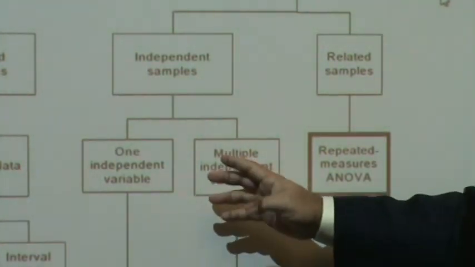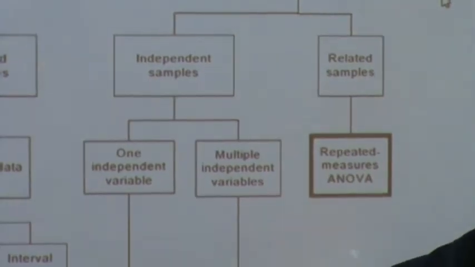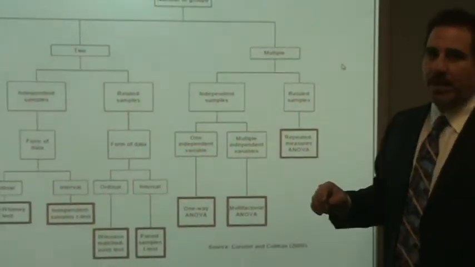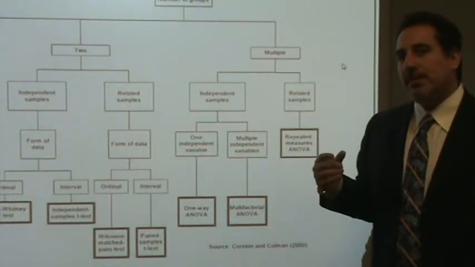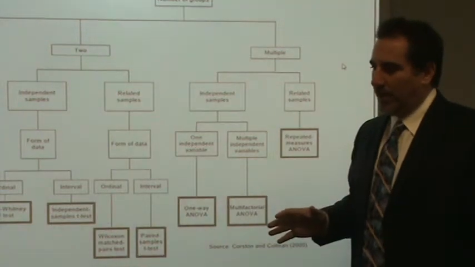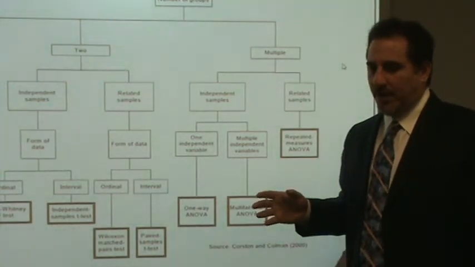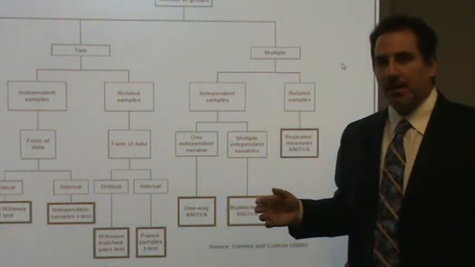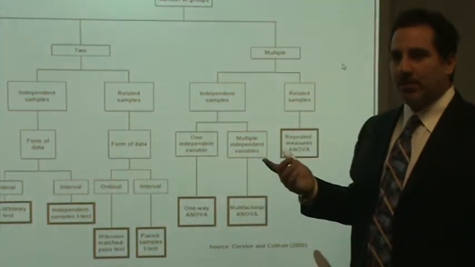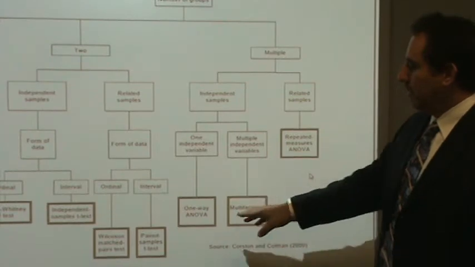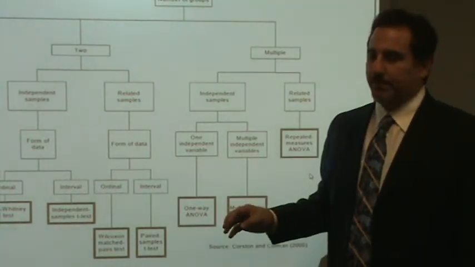And you could have a one-way MANOVA, a multifactorial MANOVA, or a repeated measures MANOVA. Remember that the dependent variable is what you're actually measuring. So in the headache example, if we also were to measure people's body temperature as well as their pain score, then we would have 2 dependent variables for every subject, and that would lead us to do MANOVAs.